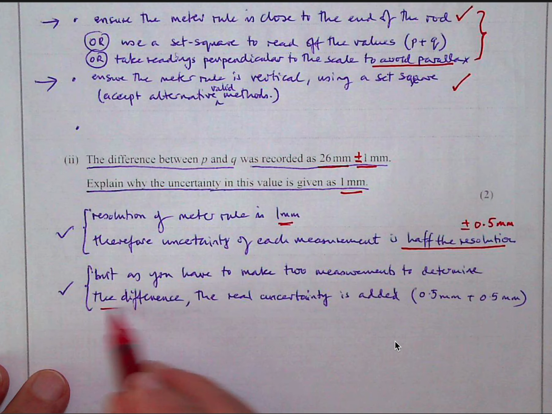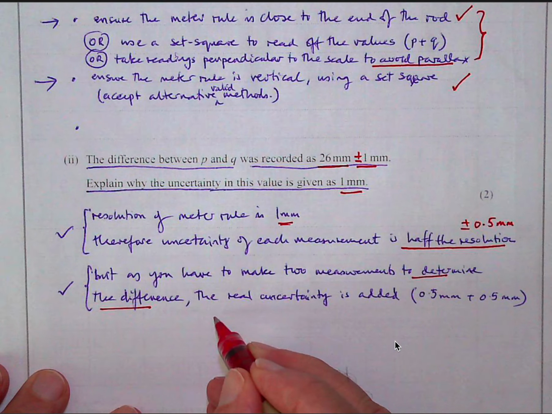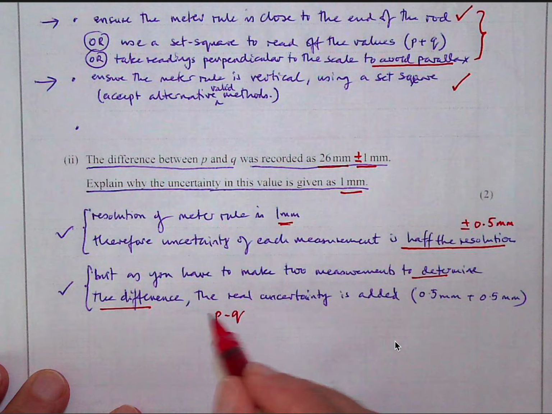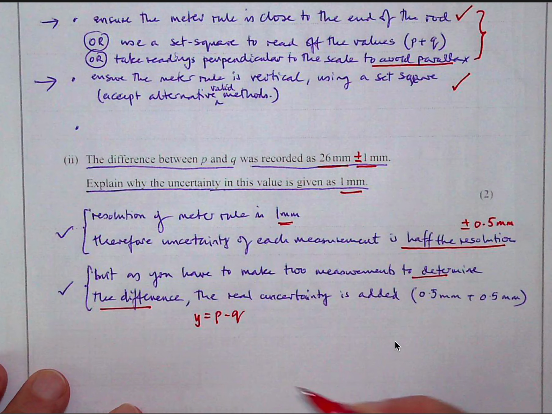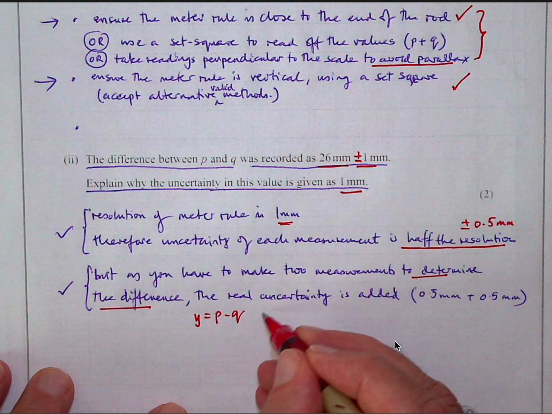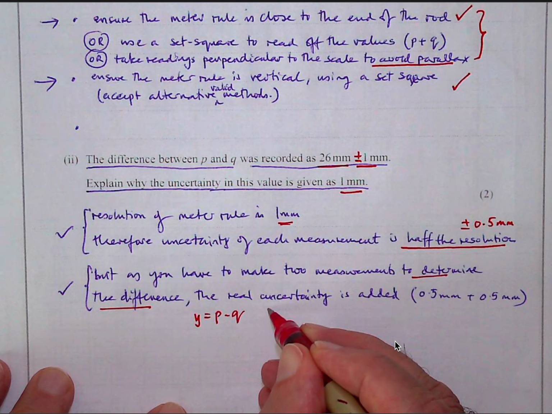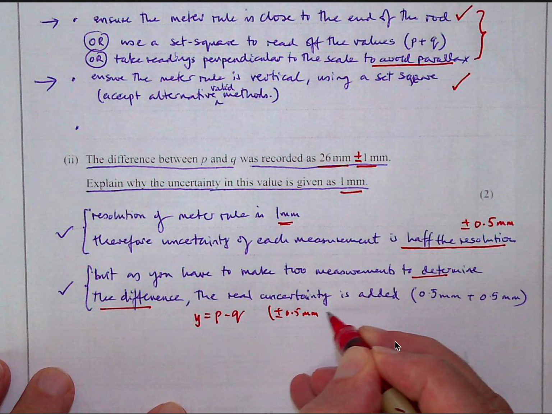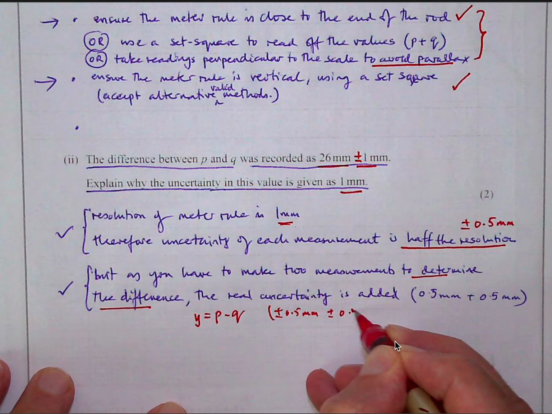Okay, so then you've got to say, but as you have to make two measurements, one for P and Q, to determine the difference P minus Q, each one will bring in half a millimeter of real uncertainty. So you add the half a millimeter for P and half a millimeter for Q. So the difference, let's say Y, they're calling it Y later on, your real uncertainty in Y would be plus or minus 0.5 millimeters, plus or minus 0.5 millimeters.